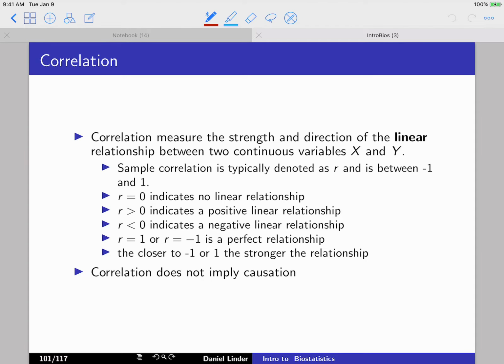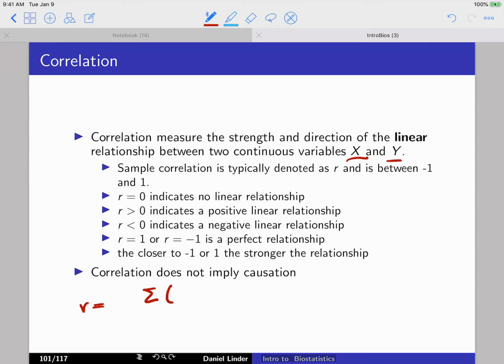The first thing is this correlation that we're going to discuss. Correlation is a measure of the strength and direction of a linear relationship between two continuous variables x and y. The formula for the sample correlation, you don't have to remember it, but if you consult your book, you'll see that it looks something like this.